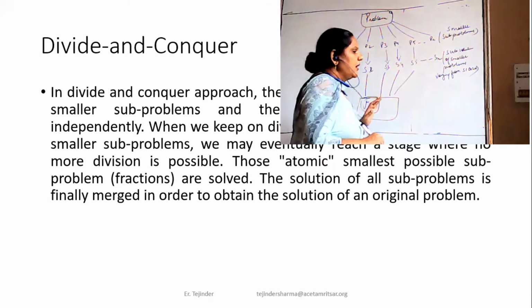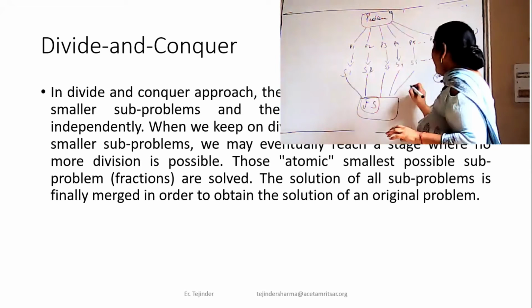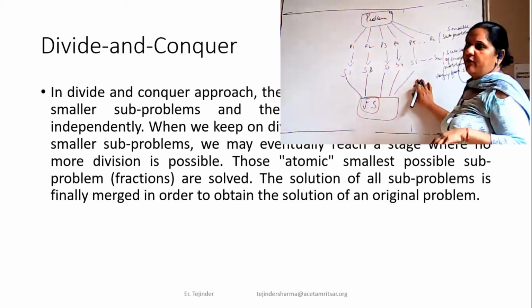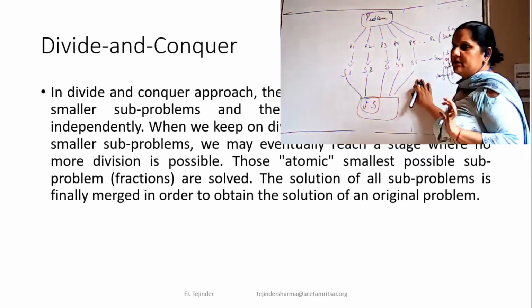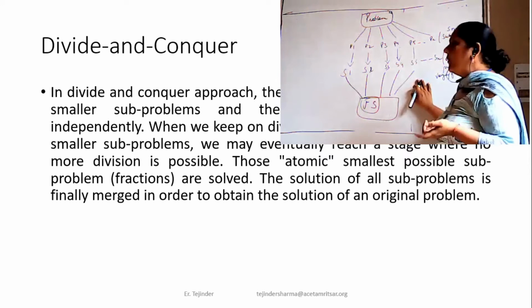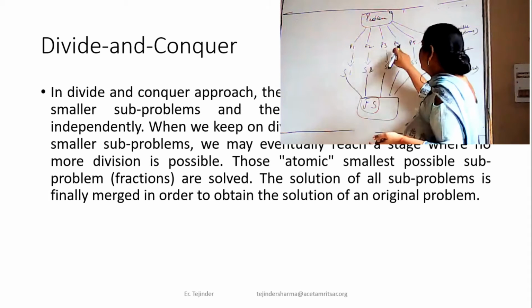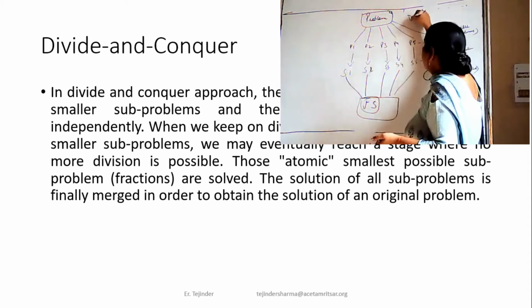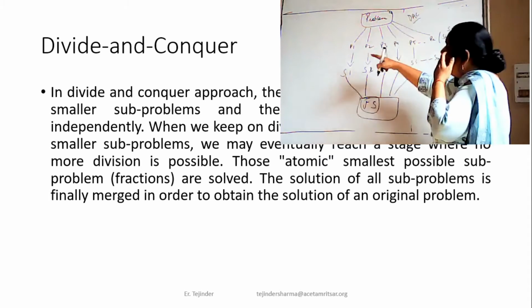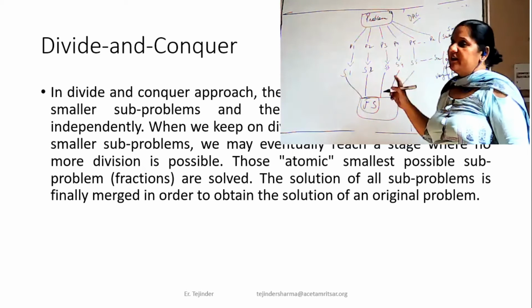The question is this. To get the final solution, we need to club all the sub-solutions. But we want to solve these problems. Divide and conquer says all the problems should be recursively solved.